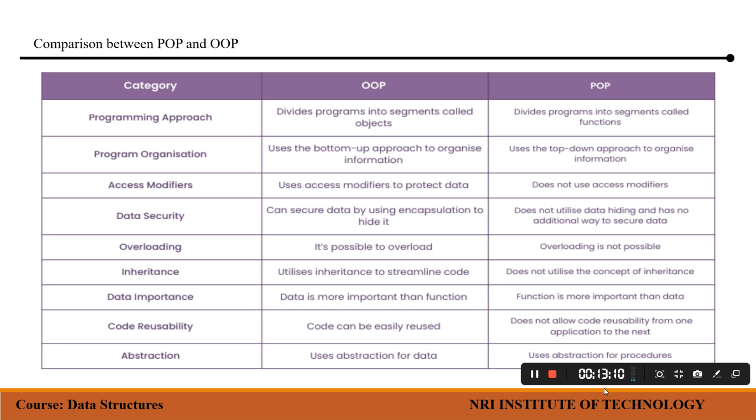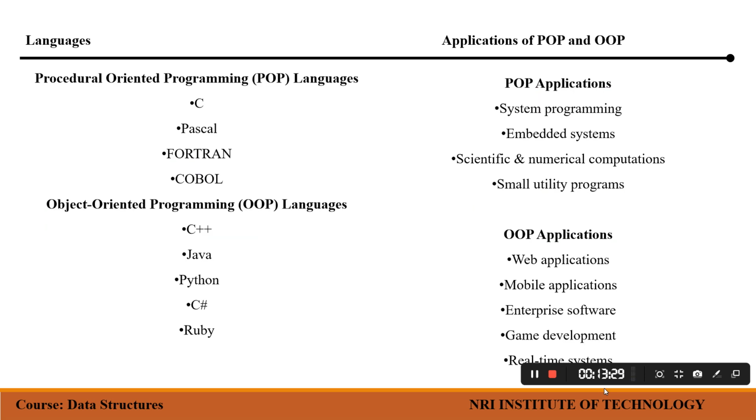And of course, procedure-oriented programming does not allow reusability from one application to the next application. Abstraction. Object-oriented programming uses abstraction on data. Data abstraction is there. In procedure-oriented programming, abstraction is for procedures.